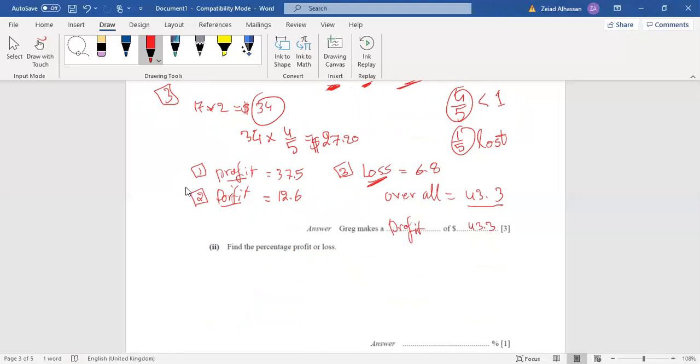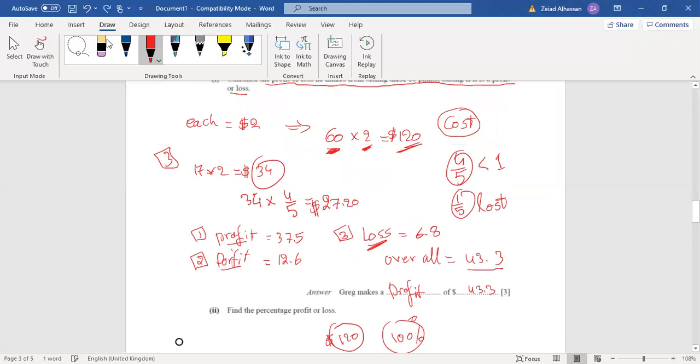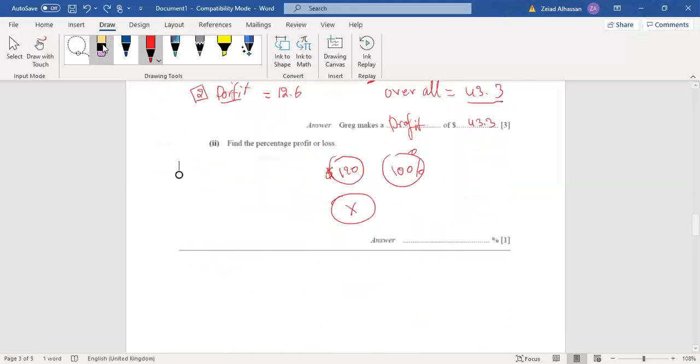Okay, so the original, we said that he sells 60 plants, 60 plants each for $2, meaning the original price he paid to the farmer was $120. This was your 100%. So we need to calculate the percentage of this profit.